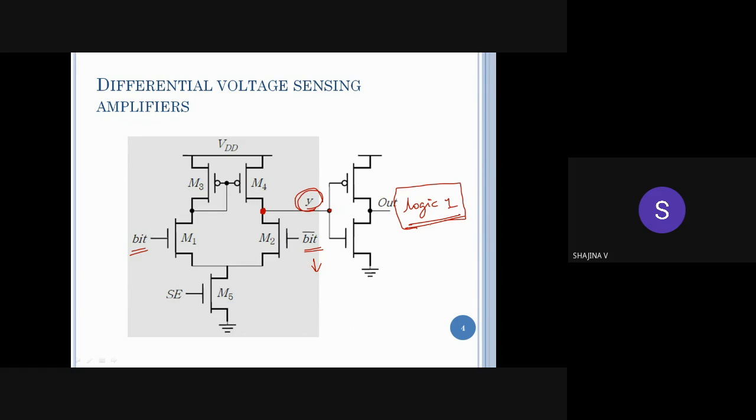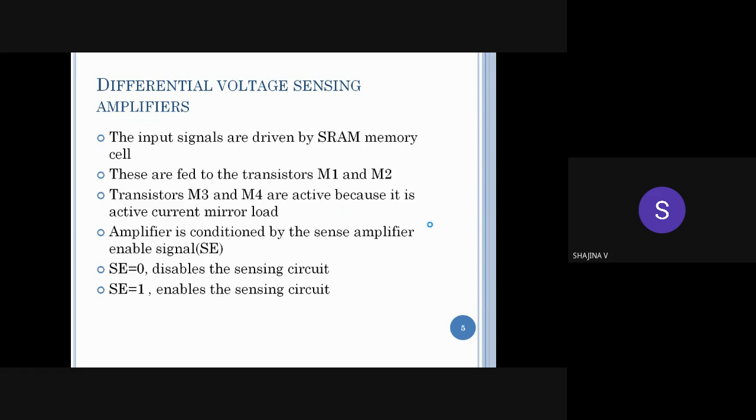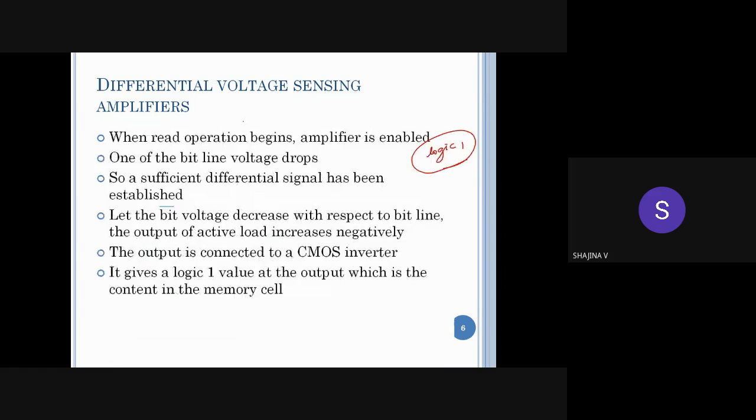So this is the voltage sensing amplifier, that is how it works. As read operation starts, if the content in the memory location is logic 1, our bit bar line voltage will decrease with respect to bit line. As a result, the output of active load increases, which means the difference signal will get amplified, but in the negative direction, or we can say negatively increasing.